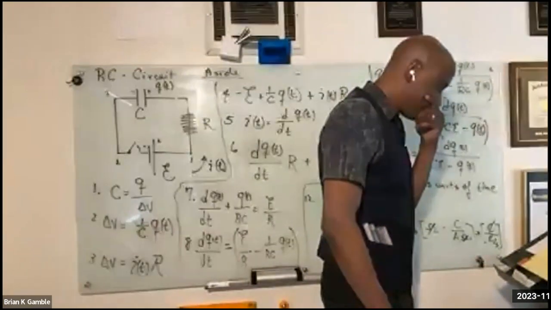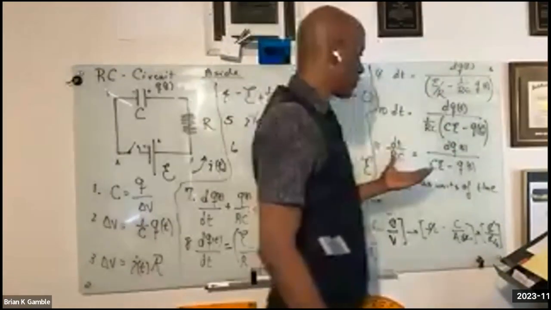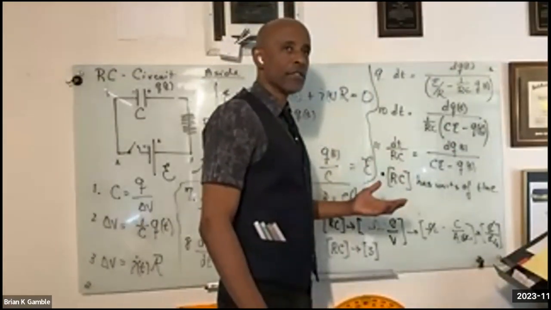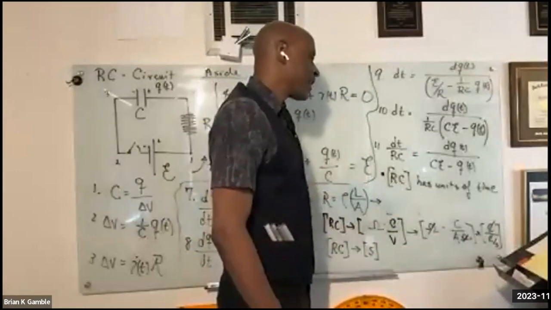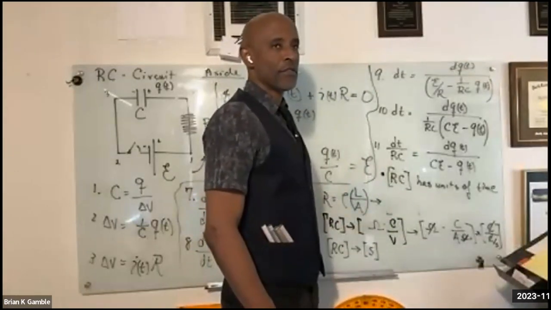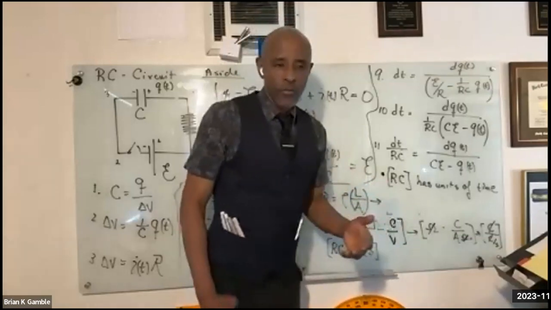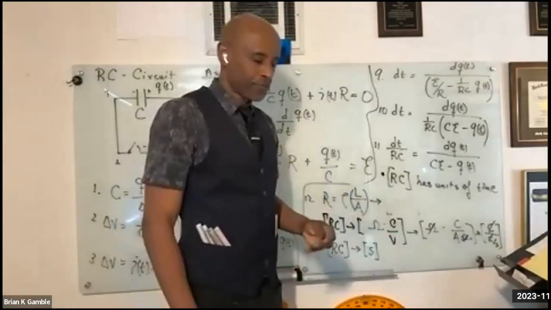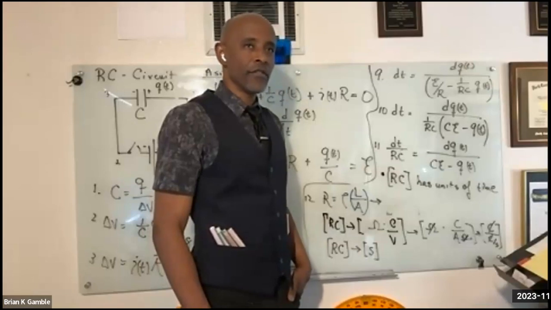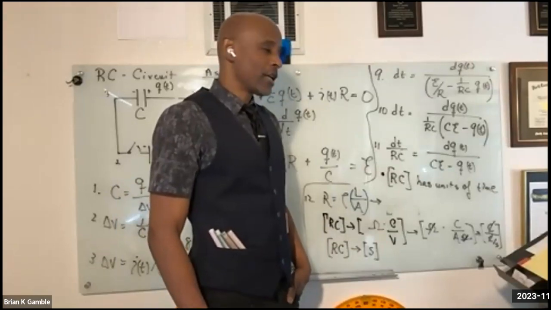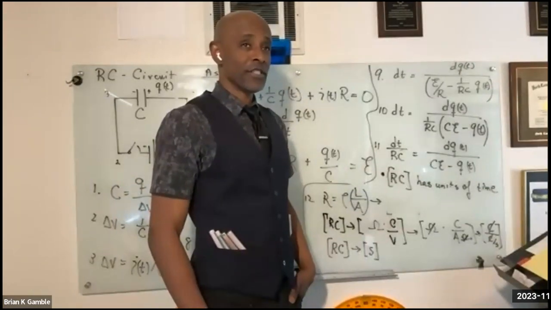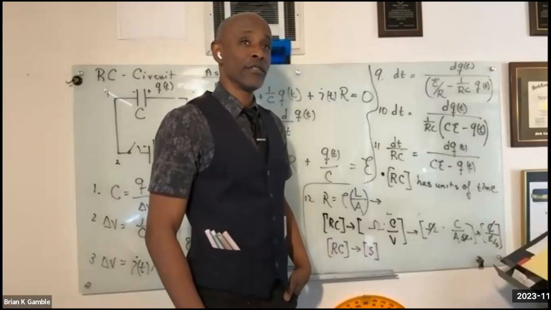Now that they're separated, the only thing to do is integrate both sides. Technically, you're supposed to do it with indefinite integrals, so you get constants, and then you apply boundary conditions to get the value of the constants. But I'm going to cheat. Physicists do this all the time, and I'm going to put in limits.